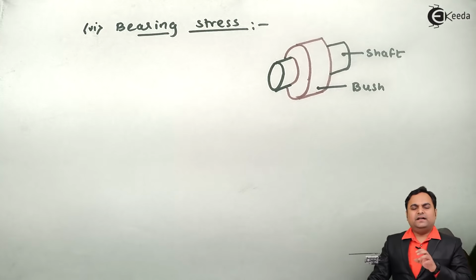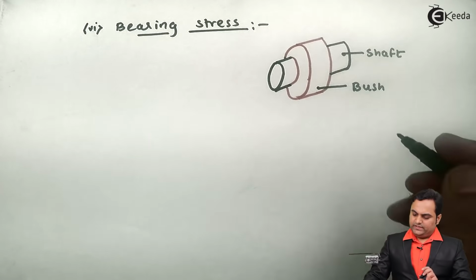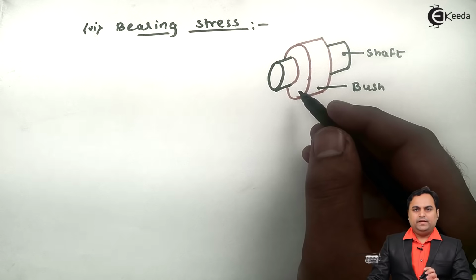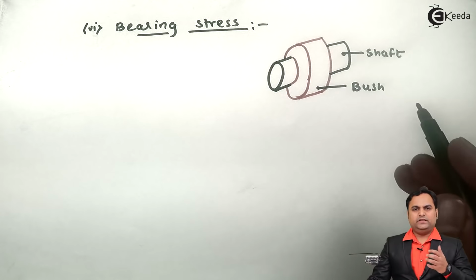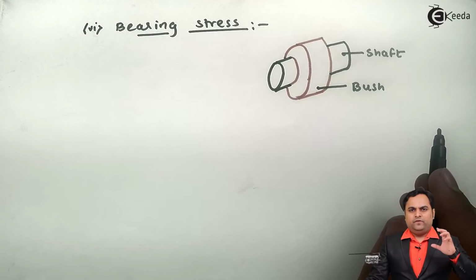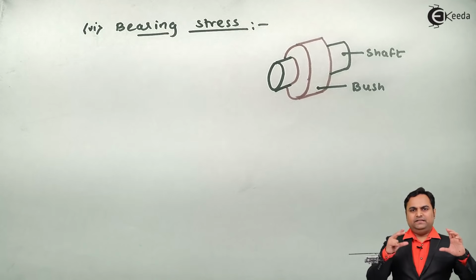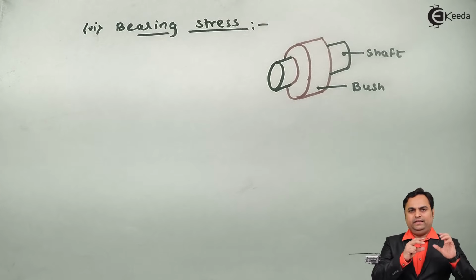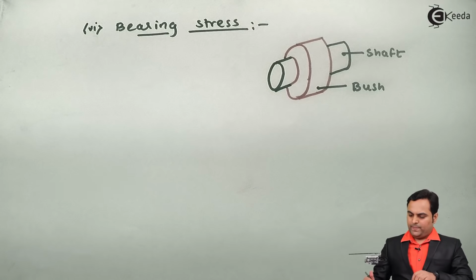Now bush is that member which acts as a medium to connect shaft with the bearing. First we have a bearing, inside that we insert a bush, and in that bush we insert the shaft.